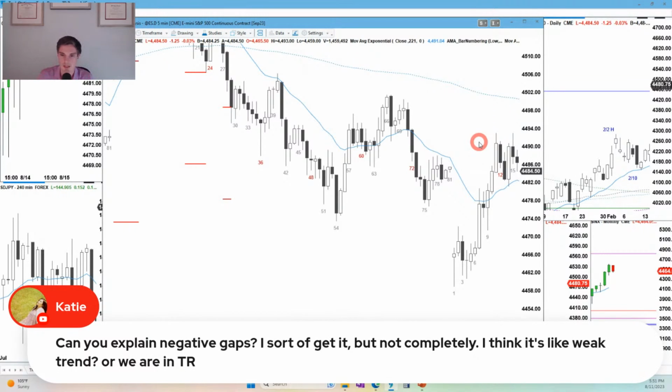Here's a good question. Can you explain negative gaps? I sort of get it, but not completely. I think it's like a weak trend, or we're in a trading range. I view gaps from the standpoint of how easy is it for traders to make money. And by traders, I mean limit order traders.